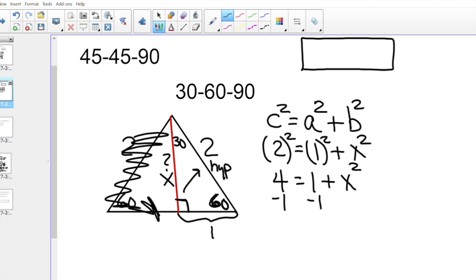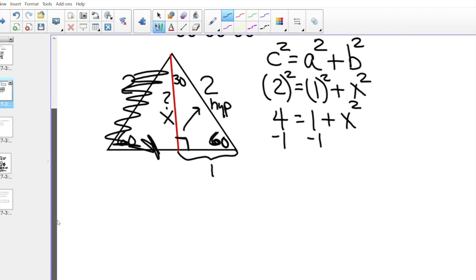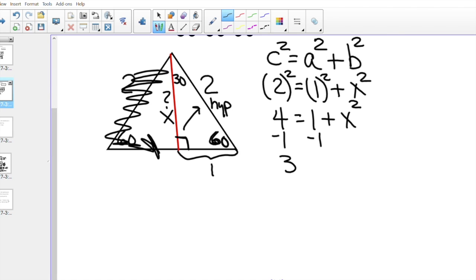Subtract 1 from both sides to get the x by itself. Then take the square root of both sides. Now x equals square root of 3. And x is the altitude.